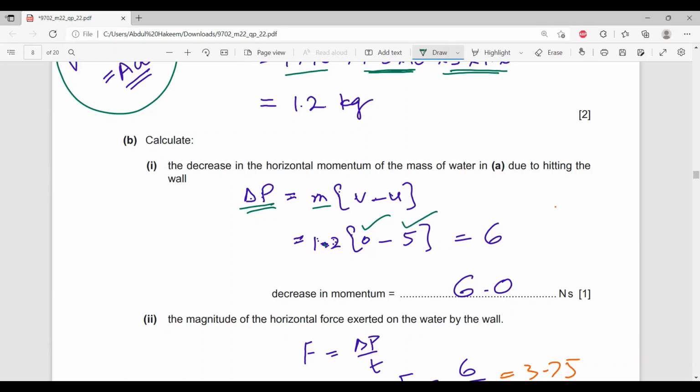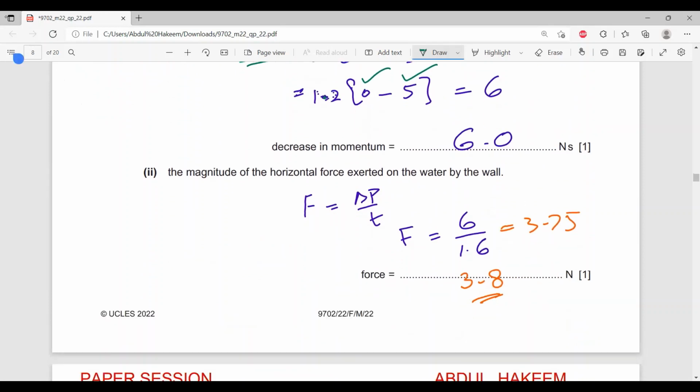So mass 1.2 times 5 is 6.0 newton second. Then the magnitude of the horizontal force exerted: by Newton's second law, F is equal to change of momentum divided by time. Change of momentum is 6, time is 1.6. So the answer is 3.75. We can write it as 3.8 to two significant figures.